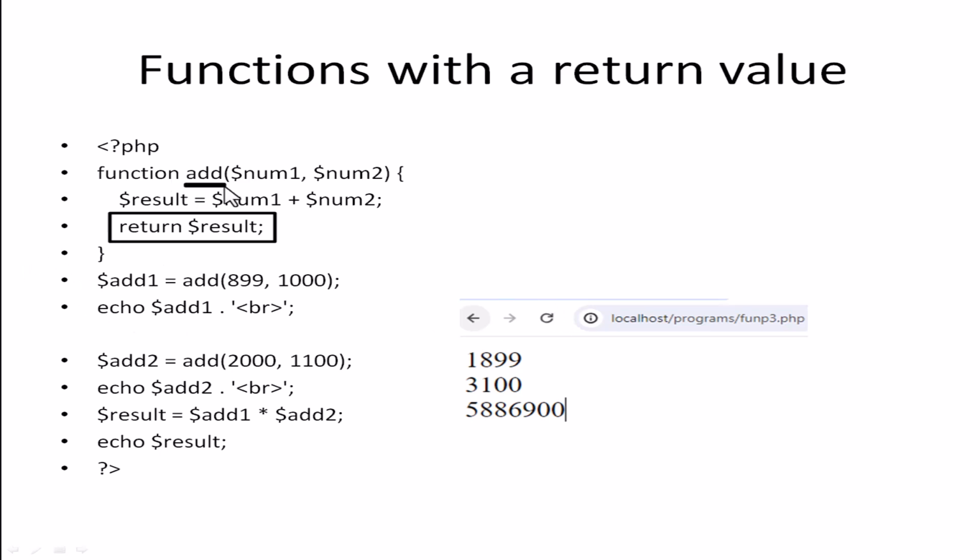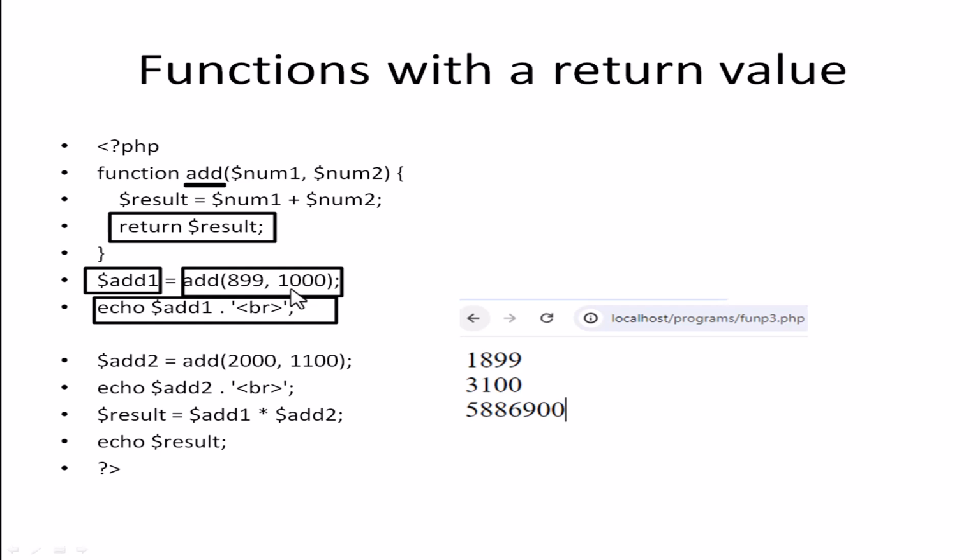Add one is another variable to which you assign the function result, with 899 and 1000. Now it is going to echo add one. What is add one? Add one contains the result returned by the function, so it is going to print the message 1899.